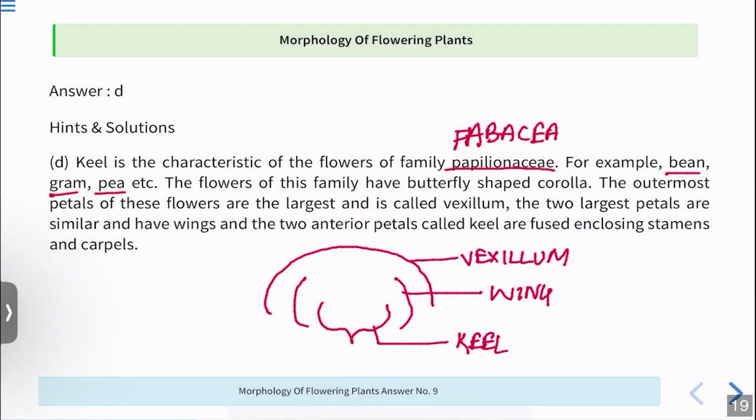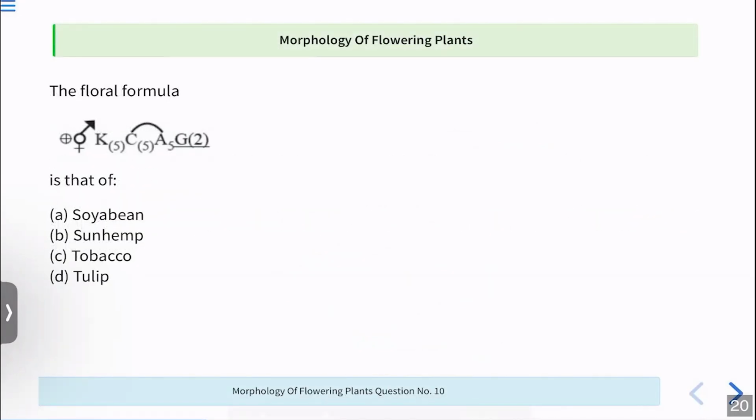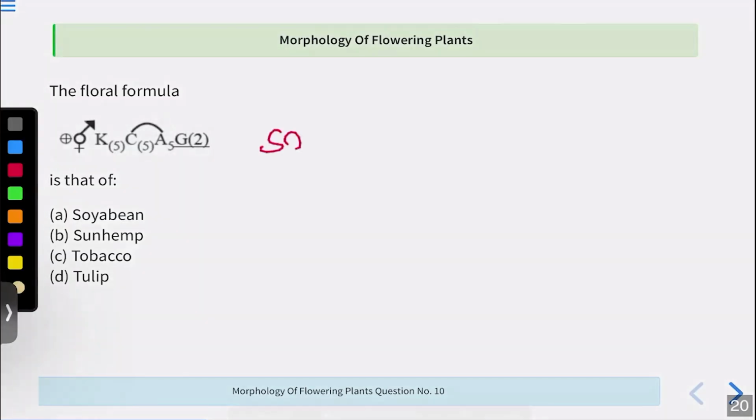Moving on, the floral formula we just now discussed is the floral formula of Solanaceae. Okay, and the family Solanaceae we will try to eliminate.